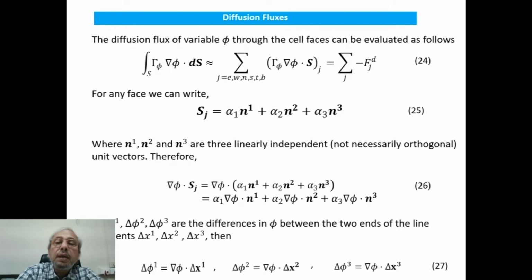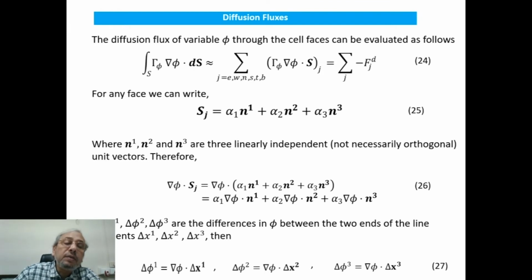So today we will discuss the diffusive fluxes. Now, the diffusion flux of variable phi through the cell faces can be evaluated as the surface integral.